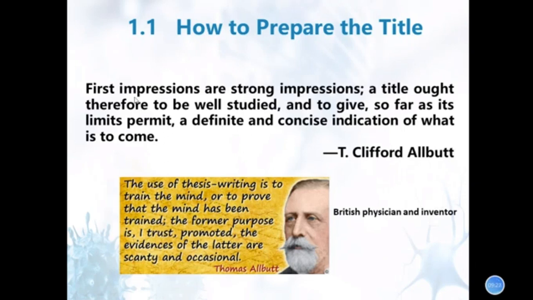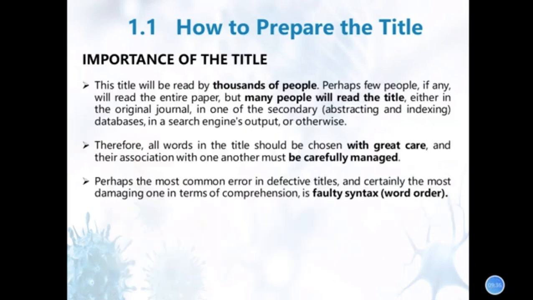So, the title is the first impressive thing for a paper. That means the title is very, very important. Why? Because this title will be read by thousands of people.